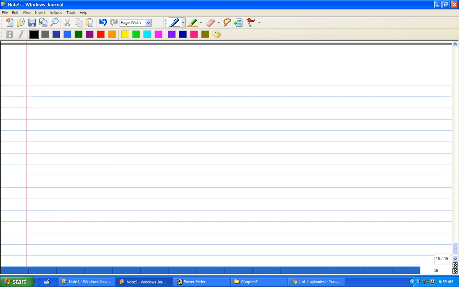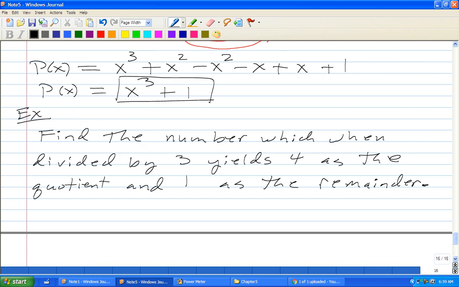So I want to find a number which yields 4 as the quotient and 1 as the remainder when divided by 3.